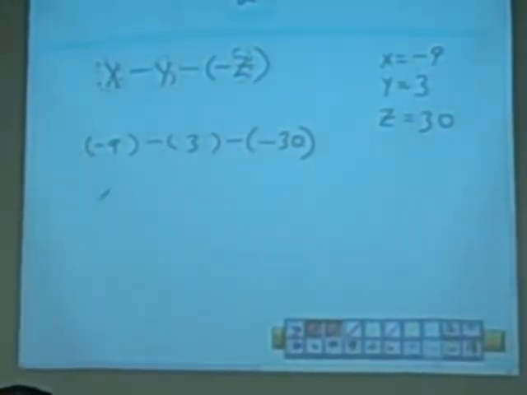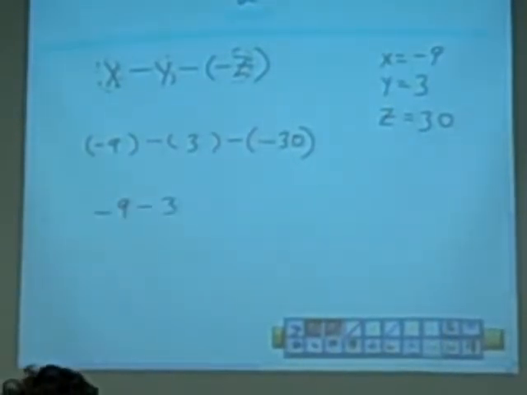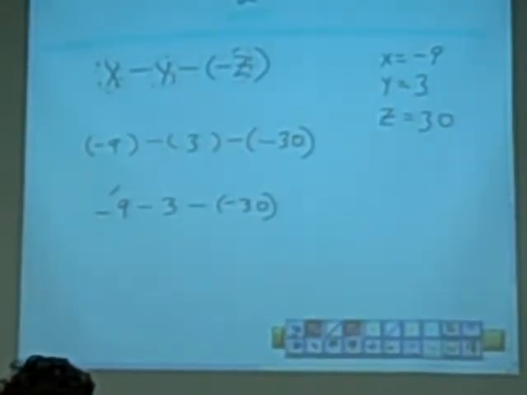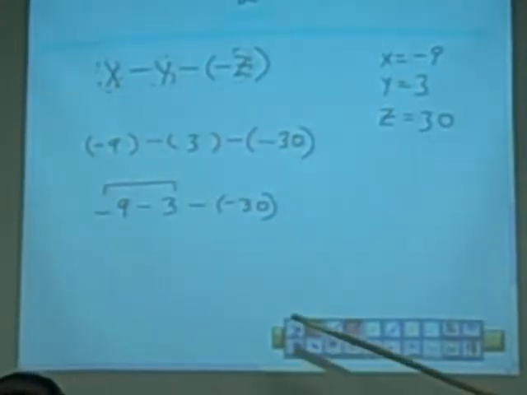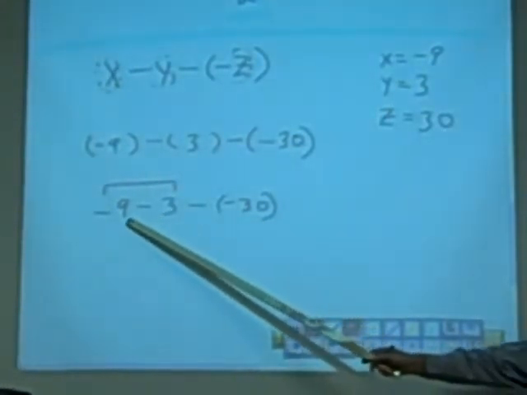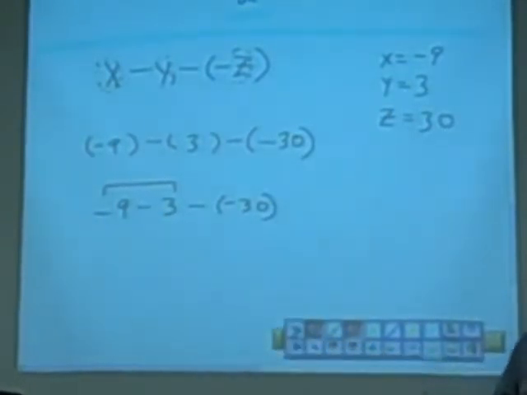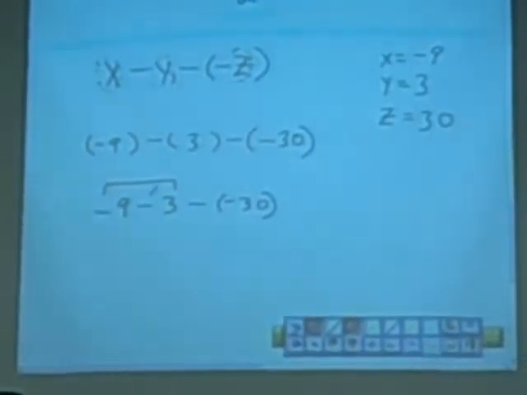Okay, so here we have a negative 9 minus 3 minus a negative 30. And so we're looking at these first two. Okay, what do we do here? Change the minus sign to a plus, right?